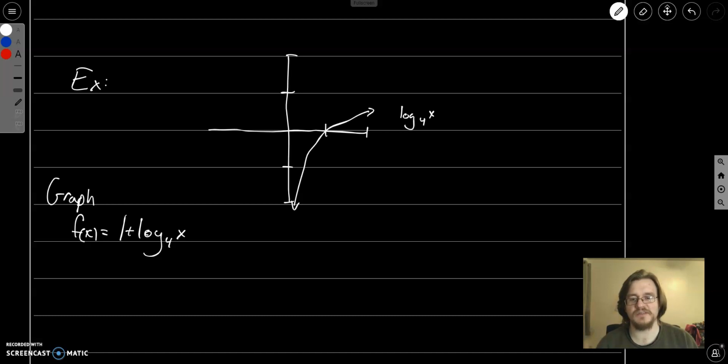So if this was the original graph, we can shift all of these points up 1, and we can get the following graph. It still approaches the y-axis as we go down. It's just everything has been shifted up by 1.